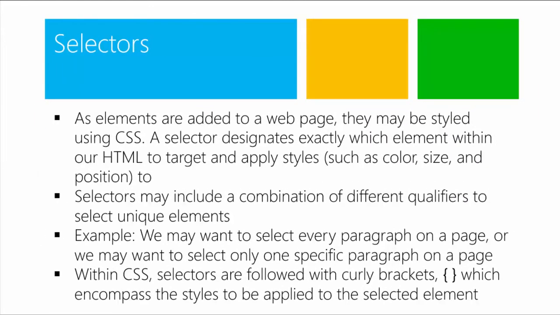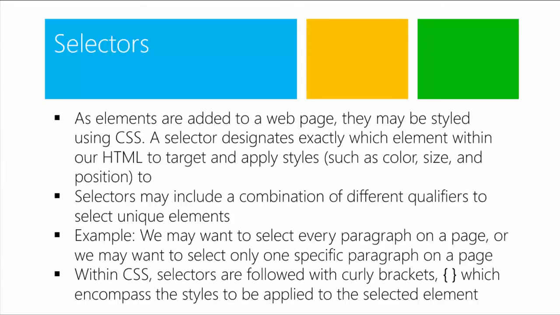So first, the selectors. As elements are added to a web page, they may be styled using CSS. A selector simply designates exactly which element within our HTML to target and apply styles to, such as you may want to change the color, size, and position. Selectors may include a combination of different qualifiers to select unique elements.